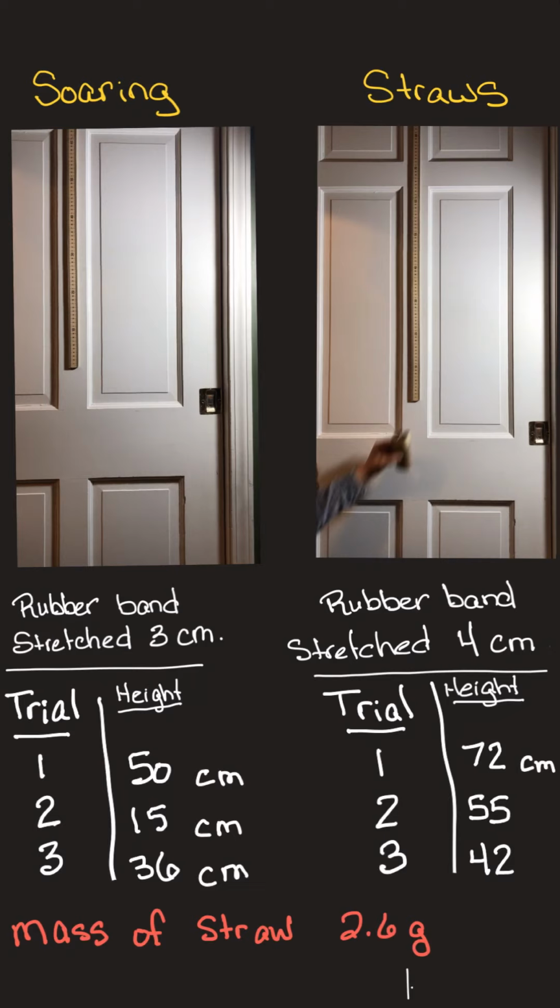Gravitational potential energy equals the weight in newtons times the height in meters. To get the weight, you must convert the grams to newtons by multiplying the number of grams that the straw weighs by 0.0098 newtons per gram.